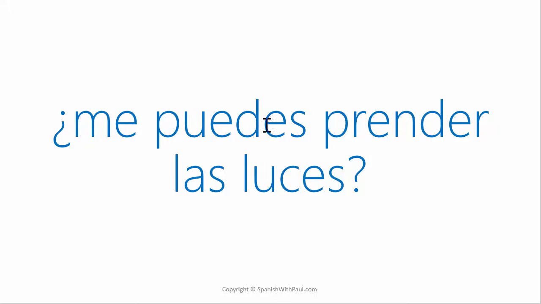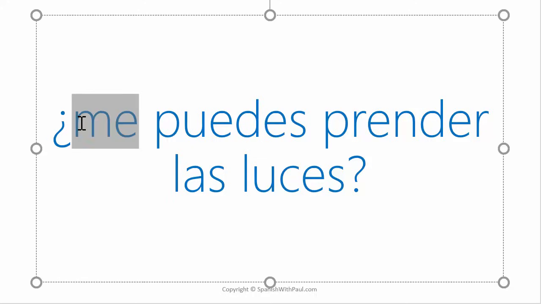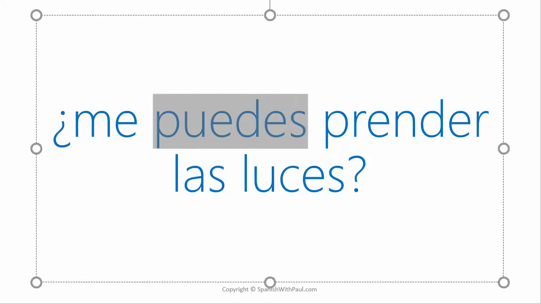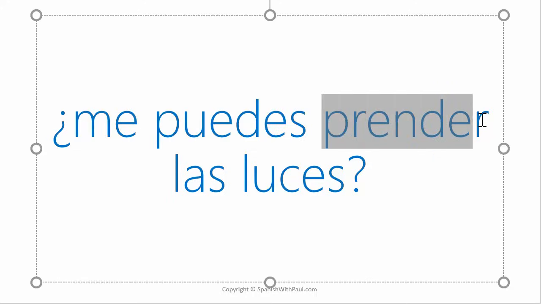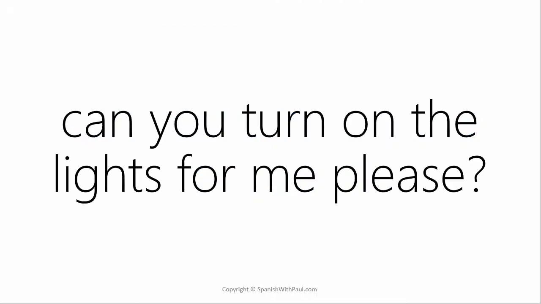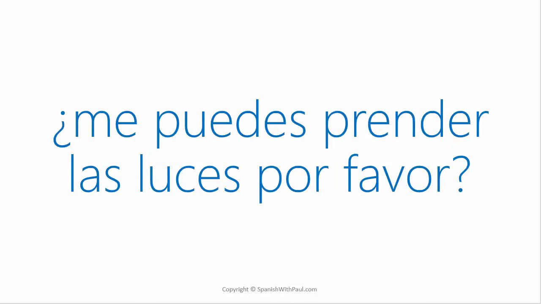Here you can see me puedes is functioning as for me, can you? And then you say what it is that you want them to do. So, ¿me puedes prender las luces? How would you say, can you turn on the lights for me, please? ¿Me puedes prender las luces, por favor?